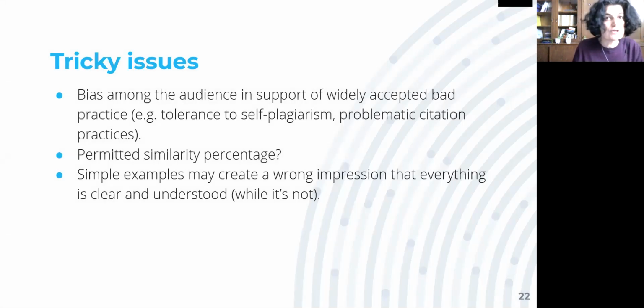There are tricky issues in my country. The most tricky issues are those related to some bad practices that are widely accepted. For example, failing to cite some sources or self-plagiarism is still quite often tolerated among senior researchers. So it's very difficult if I have young researchers who get different kinds of information from their tutors.